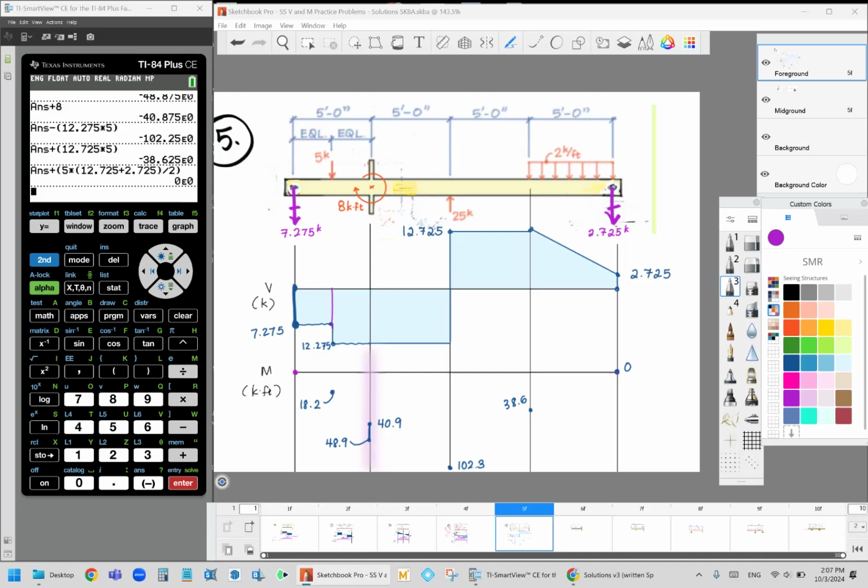All right, let's do our functions. So constant, most of it's constant, all that integrates to linear. So just like in kindergarten, we're going to connect the dots, connect the dots, connect the dots. All right, for the last portion of the curve, we have a linear function.